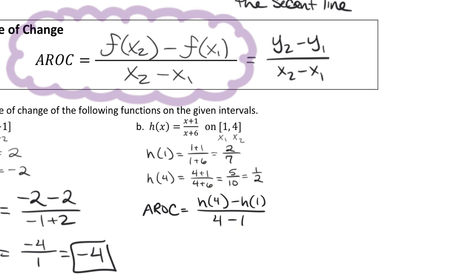And we are going to put fractions in our fractions. Don't worry. Maybe worry, but don't worry too much. h of 4, what did we get as the evaluated version of h of 4? 1/2. And we're going to subtract h of 1, which is 2 over 7. And then we're going to subtract 4 minus 1, which I can't help myself. 4 minus 1 is 3.